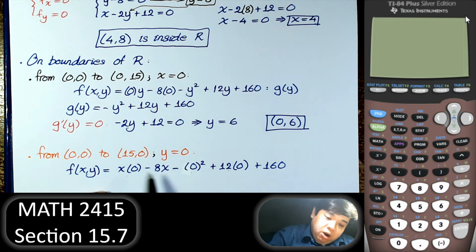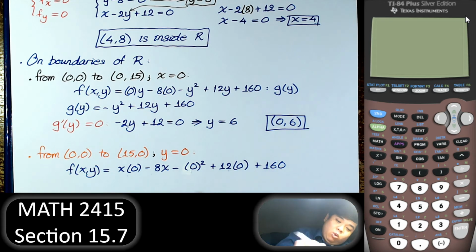So there's a bunch of zeros, gone, minus 8x plus 160.